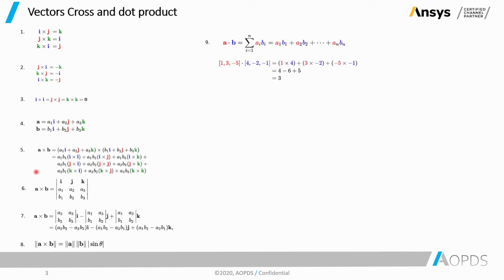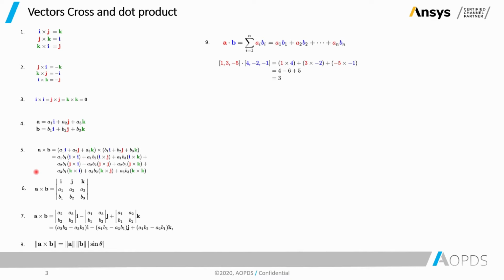Now, A dot B with n number of components from 1 to n can be calculated with this formula, which is the summation of AiBi, i from 1 to n. Let's say we have two vectors, vector A with the components of 1, 3, and minus 5, and vector B with the components of 4, minus 2, and minus 1.